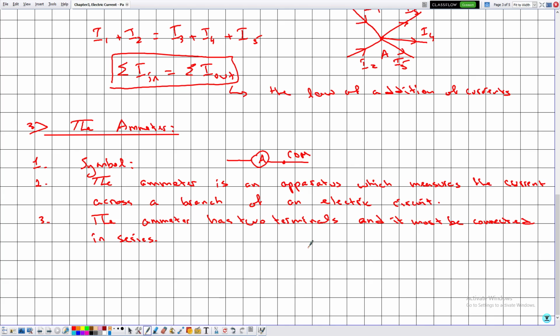Because according to the law of uniqueness of current, the current is the same, so it needs to measure the same current. Now if the COM terminal is connected to the negative pole, then the ammeter measures a positive reading.